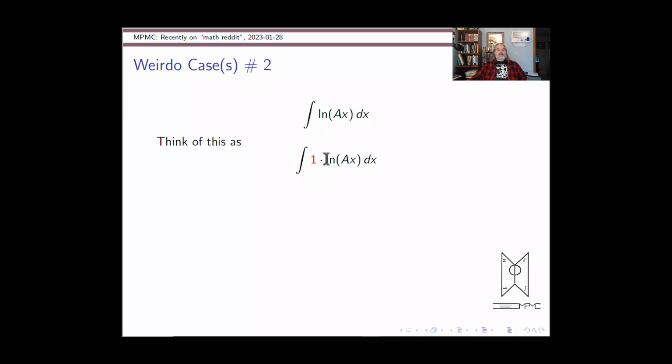On the other hand, wouldn't it be awesome to just be able to take the natural log of ax and replace it with its own derivative, because that's just going to be 1 over x. And that's certainly better than natural log. Now, the price of trading the natural log for 1 over x is that we're going to trade this 1 for its antiderivative, which is just x, but x times 1 over x, easy.